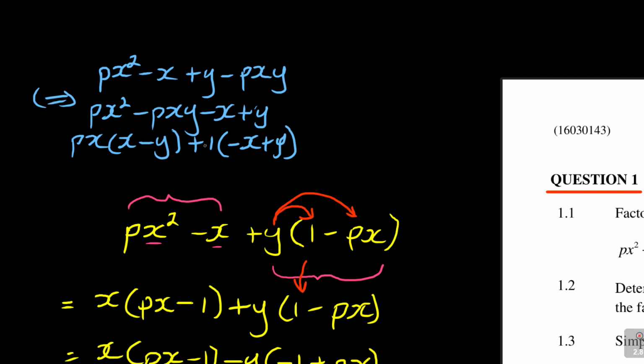But if you were already interchanging, this is where I said, instead of taking plus 1, you take out minus 1. You see? So minus 1 there becomes x minus y. So now at the end of the day, you've got your x minus y, and then you've got your px minus 1. Are you seeing this?